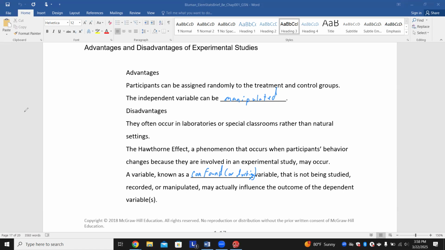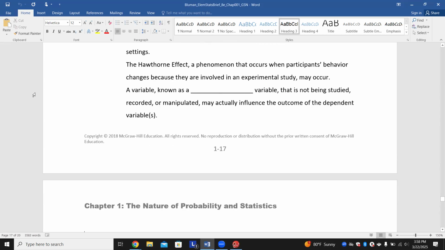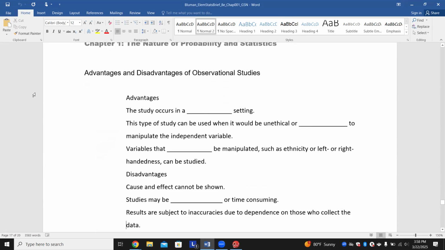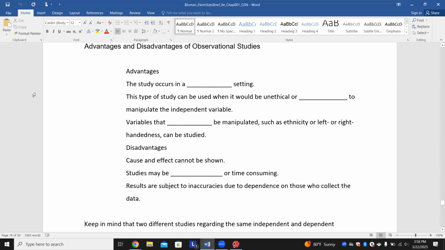So, on the flip side of this, the advantages and disadvantages for observational studies. The advantages could be the study does occur in natural settings. This type of study can be used when it would be unethical or dangerous to manipulate the independent variable, right?